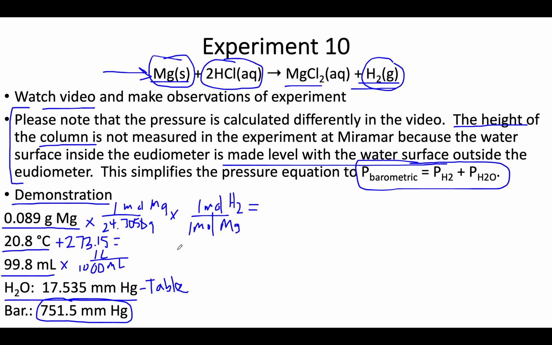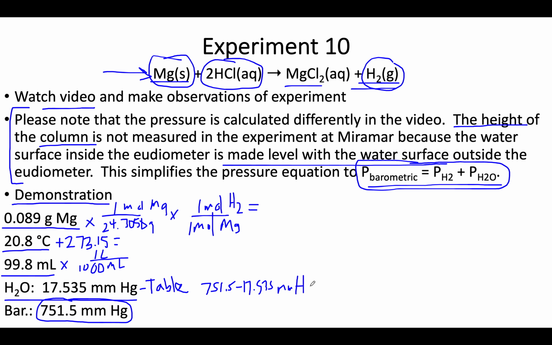Okay, so now our water vapor pressure and our barometric pressure follow this equation here. So that takes us with this 751 minus 5.5 minus 17.535. That gets us our pressure in millimeters of mercury.